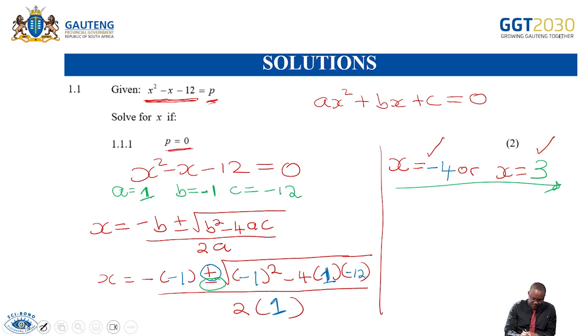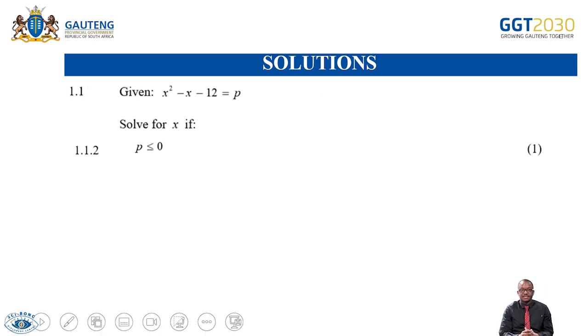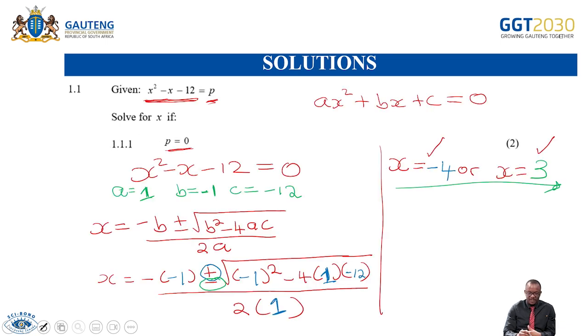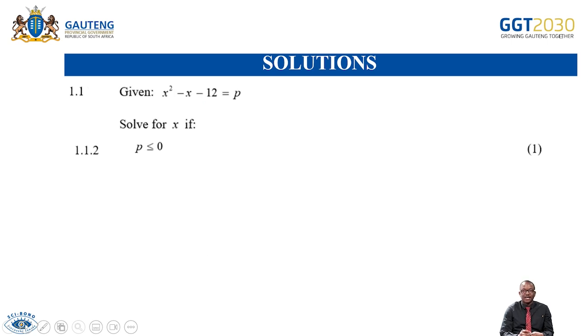So now we're looking at the second question. Now it says P is less than or equal to 0 and for 1 mark. So now, remember from our previous question, we already have what we call the critical values.